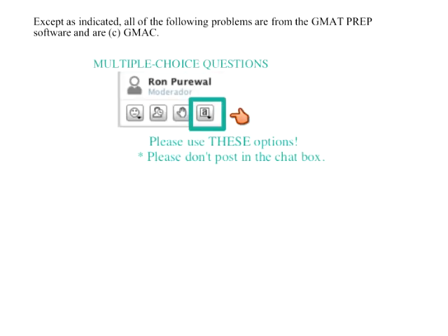All right. We've gone through the rules part already. We've seen that, and we've got to give the usual disclaimer. The problems in today's session are from the GMAT Prep software. In fact, all of the problems in today's session are from the GMAT Prep software, so there are no exceptions except as indicated today.